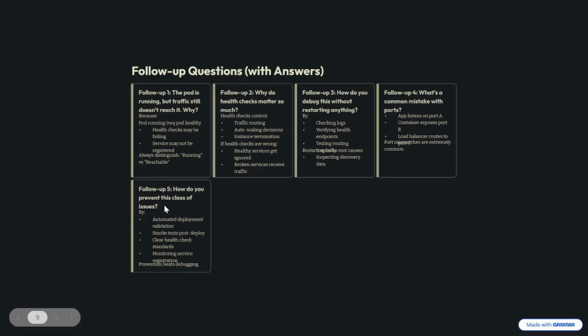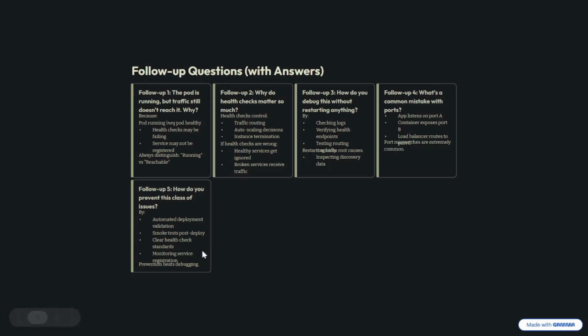Next follow-up question can be: how do we prevent this? Prevention is better than debugging. I always recommend automated smoke tests right after deployment, a standard health check format across services, monitoring service registration, alerts when traffic suddenly drops to zero, and deployment validation checks.